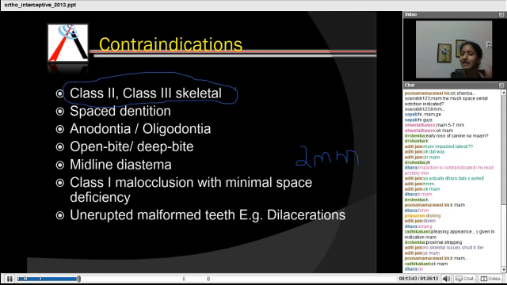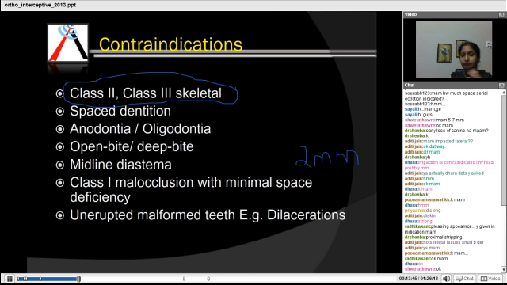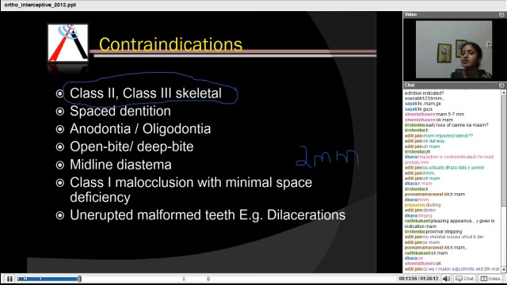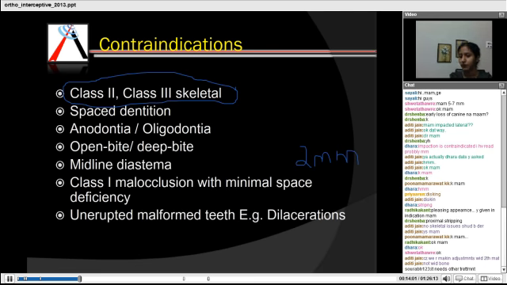Okay, why is the skeletal issue a contraindication? Because serial extractions won't make that adjustment. Serial extraction won't take care of the problem. Yeah, it requires other treatments. The bone has to be treated, not the tooth. Okay, here it's a skeletal problem.